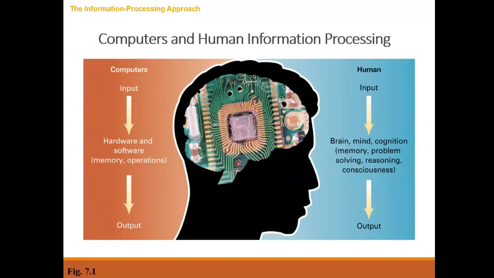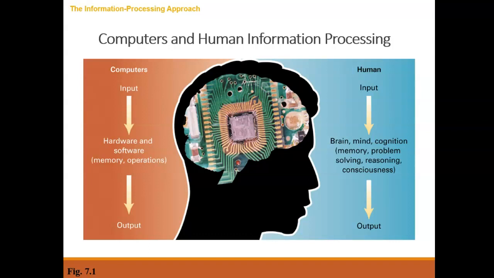So the information processing approach really compares the way that humans process information to the way computers do. So the very, very simplified idea here is that we both receive input from the outside world, some stimulus from our environment, and in computers there's hardware and software that has memory capabilities and can perform these operations.